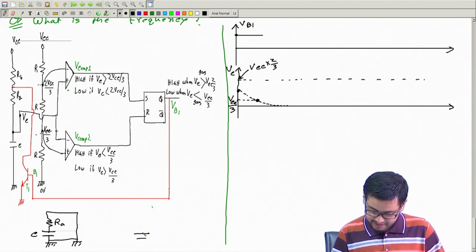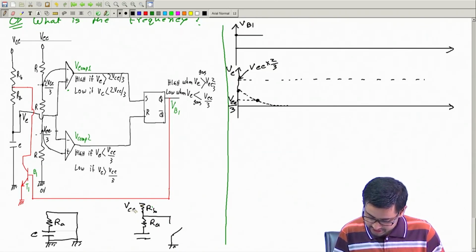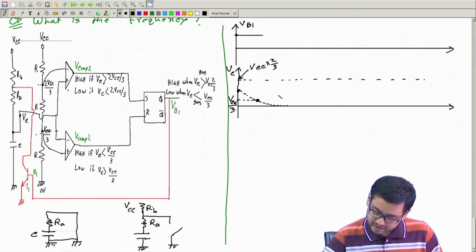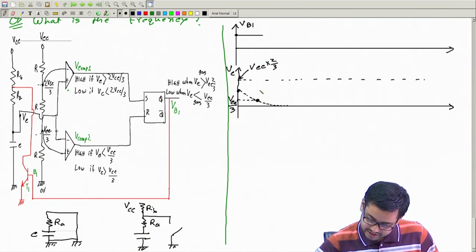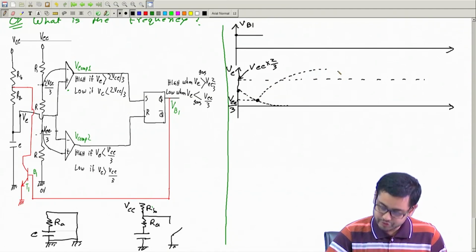Because this part is not connected, it is connected like this: Ra, then Rb. This Ra is no longer there; it's open. But here I have the voltage VCC and ground, so this will start to charge. It will charge again exponentially, and it will try to go towards VCC.